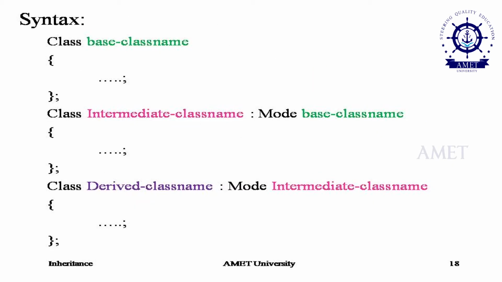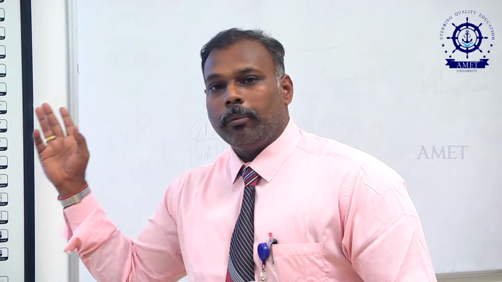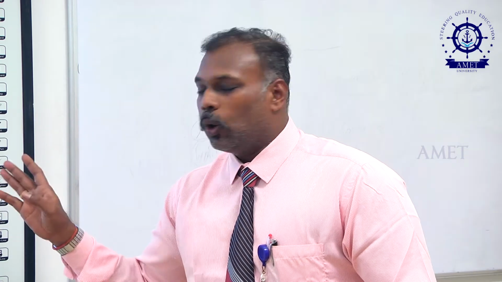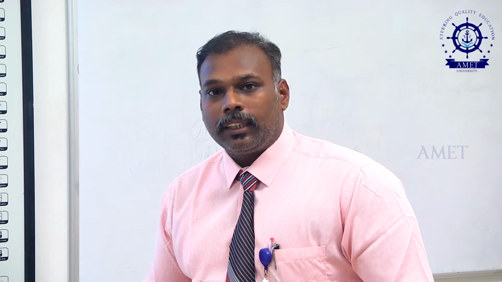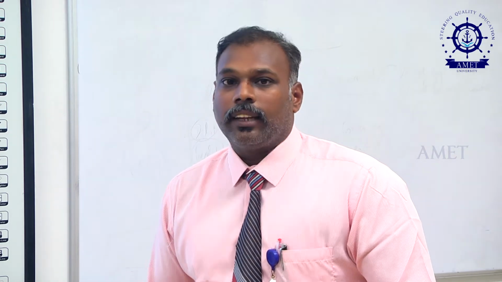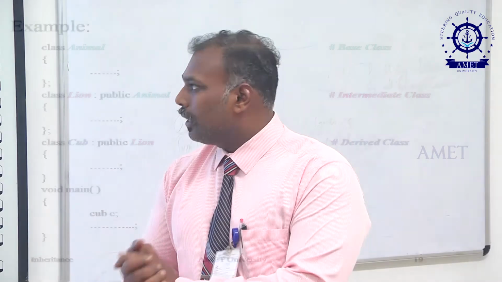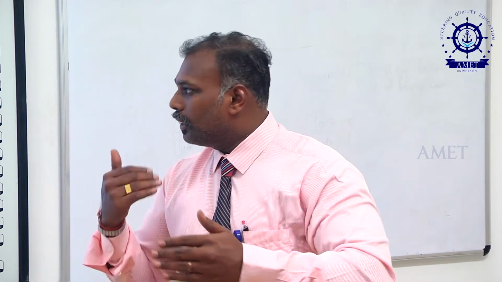So syntax: class base class name, and then again class intermediate class name, colon mode base class name, and then class derived class name, colon mode intermediate class name. This is the syntax for multi-level inheritance. And then the example. Class animal, animal is the base class, and then class lion is the intermediate class, and then the cub.